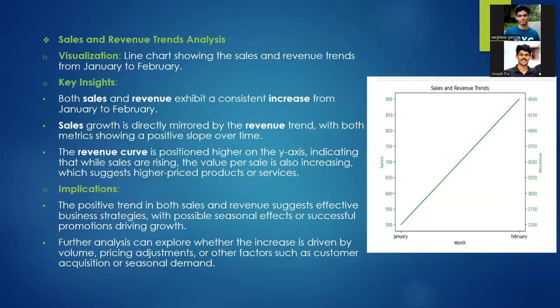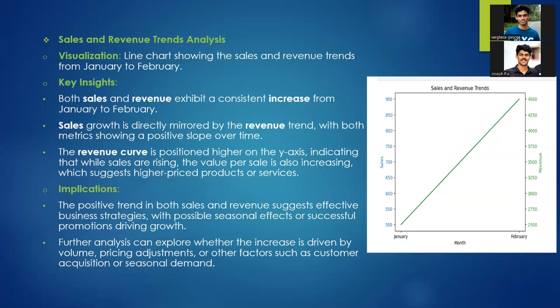Yep, here it is. Our analysis of sales and revenue trends revealed a consistent upward trajectory between the months of January and February, the first 2 months of the year. Key takeaways include that sales growth mirrored revenue trends, indicating higher priced products or increased sales volume.